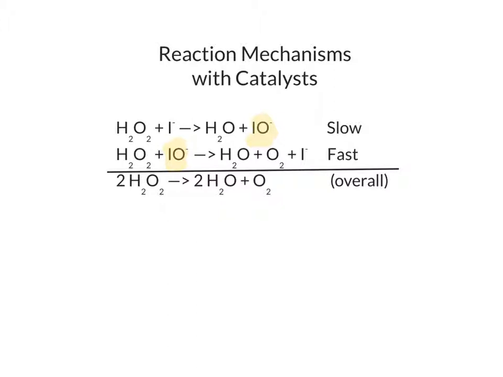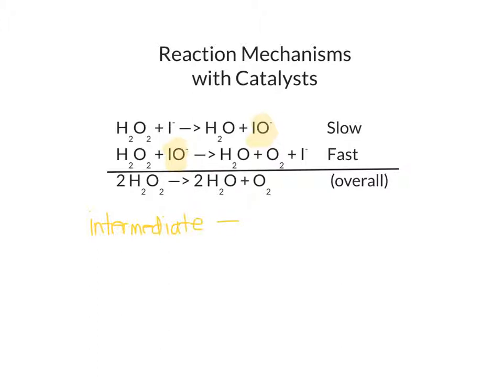When we have a species that is formed in one reaction and then used up in another reaction, that is called an intermediate. It is not present at the start, and it's not present at the end, and it only appears on the way to, intermediate to, making the products from the reactants.